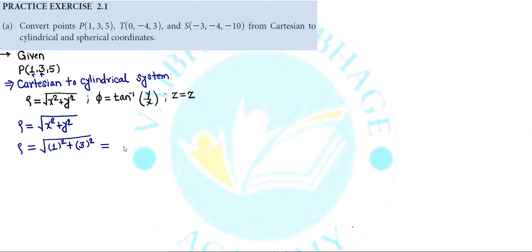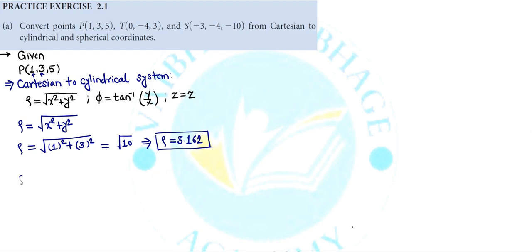So the answer is: 1 square is 1, 3 square is 9, so the square root of 10. You will find that rho is equal to the square root of 10, and that value is 3.162. This is the very first parameter of the cylindrical system, that is rho.